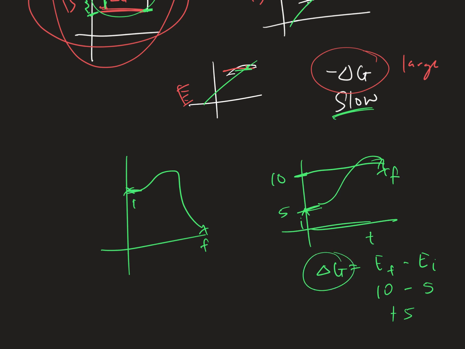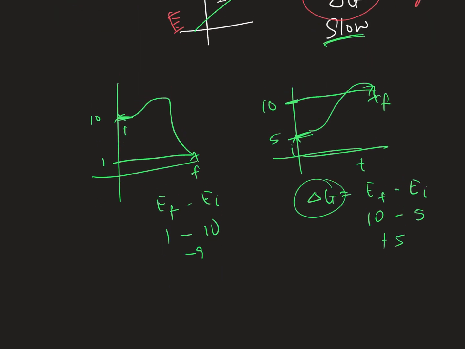This right here, if this is 10 and this is 1, for example, our final is 1, so energy final minus energy initial is 1 minus 10. And that's negative 9. So that's a negative delta G. That tells us it's spontaneous.